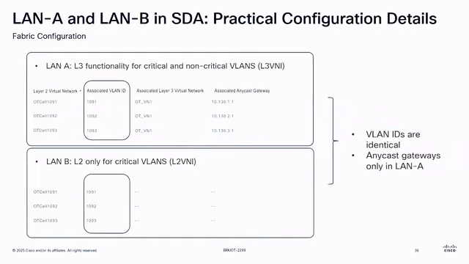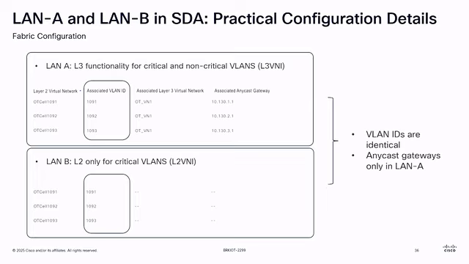And to achieve this, what we did is we created two fabric networks, and in a layer 2, they are a mirror from each other. So when the layer 2 VNIs are configured, we make sure we use the same VLANs on LAN A and LAN B. But only one of these fabrics, in this case, Audi picked LAN A. LAN A is the only one with gateways because we cannot get out through the two of them.